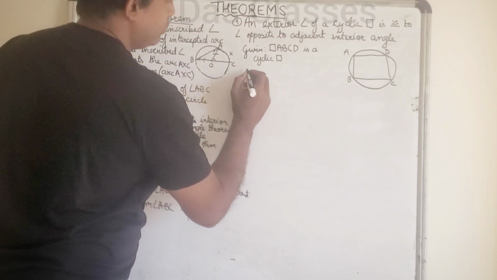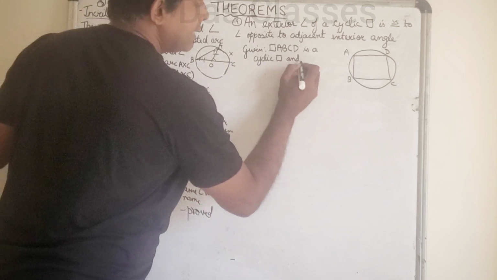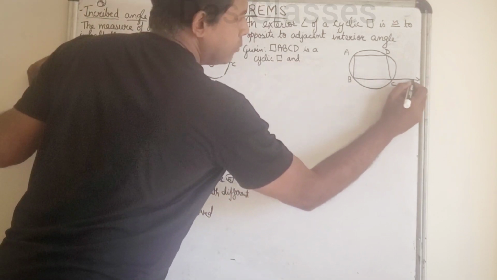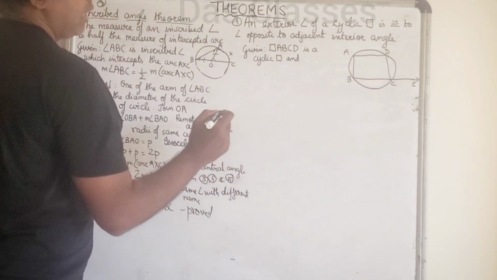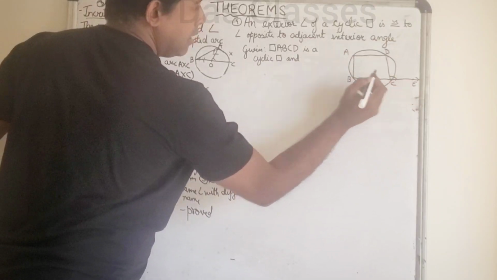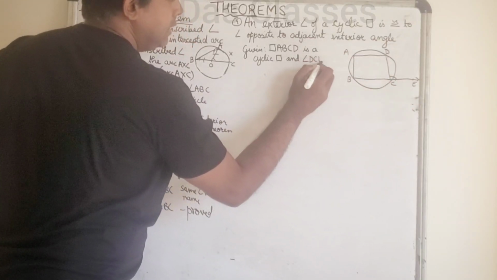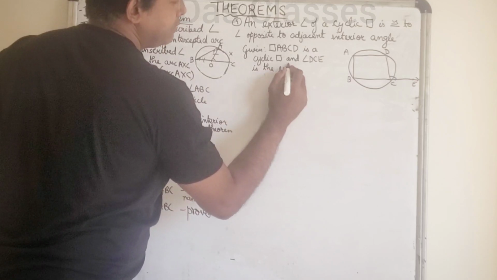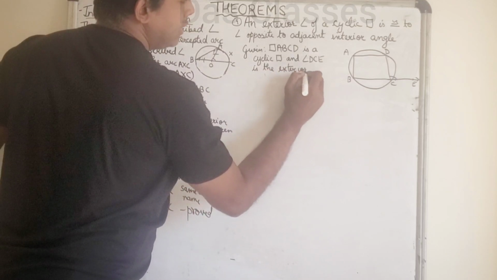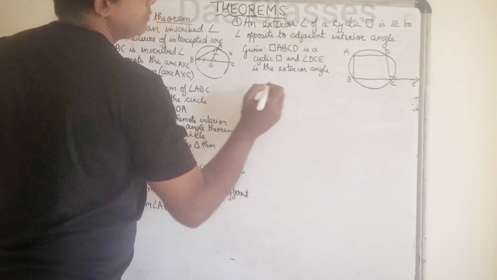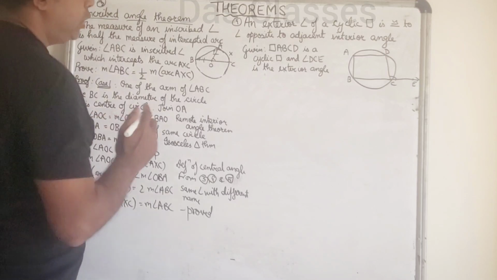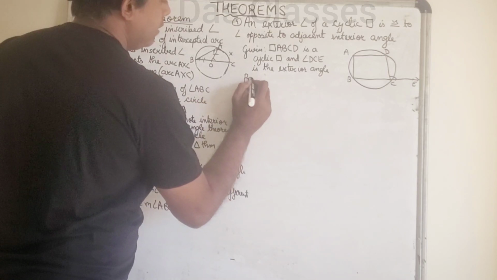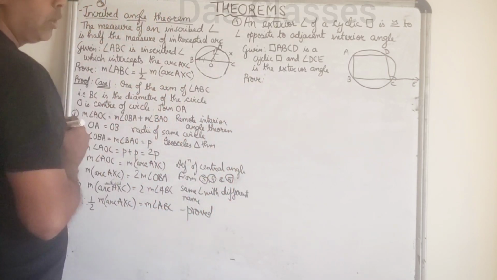Now we have to prove, and let's extend this at say point E, and angle DCE. Angle DCE is the exterior angle of the cyclic quadrilateral. So what we need to prove in this theorem is, let's read the question.